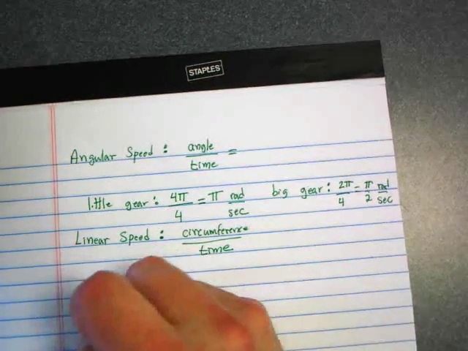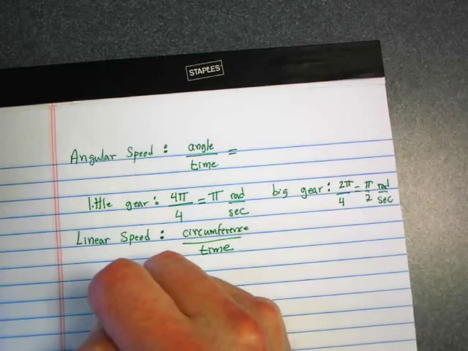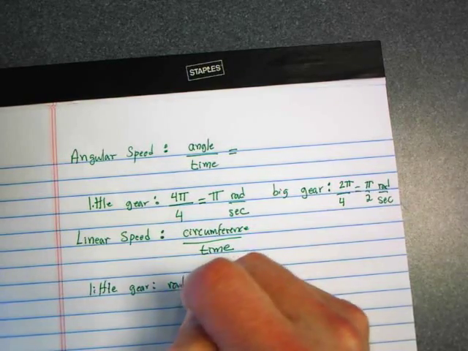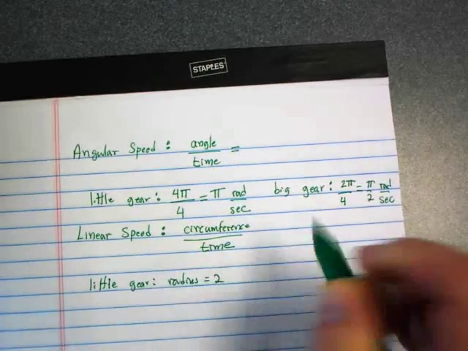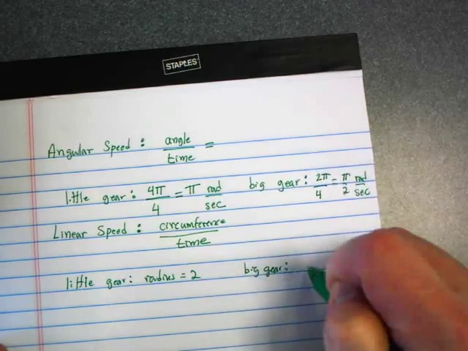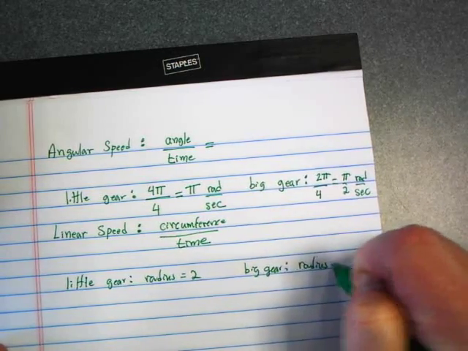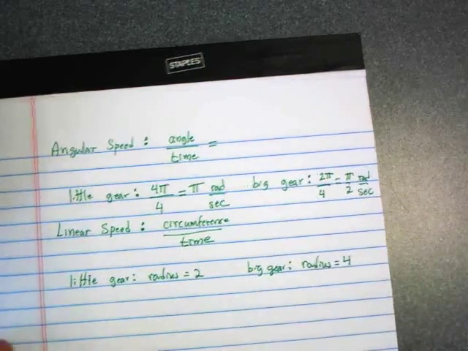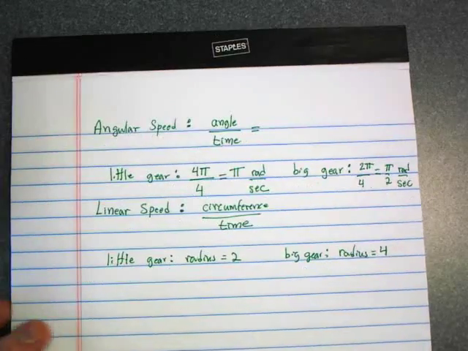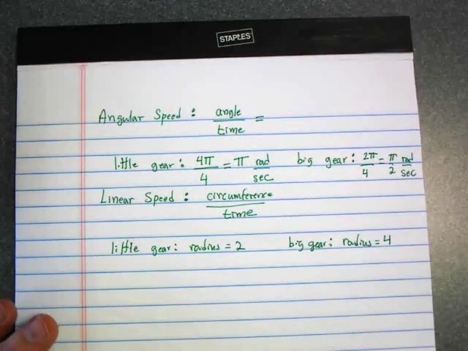Okay, so little gear, we're going to say it has a radius of 2. And the big gear is twice as big, so we're going to say its radius is 4. Big gear, little gear.